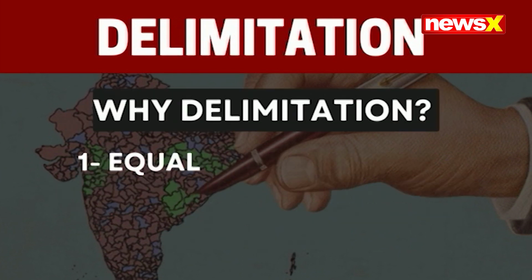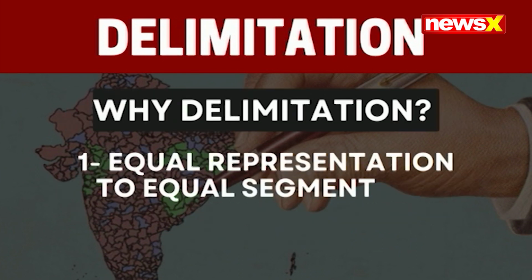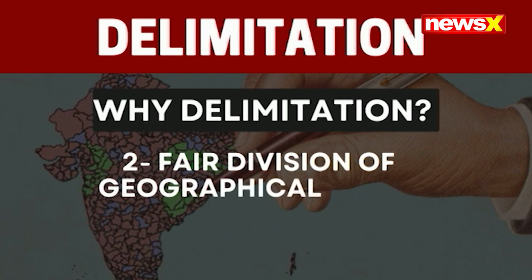Now, why is this done? This is done in order to ensure that equal representation is given to equal segments of population. It shouldn't be happening that a large population is getting one MP and a smaller population in another part of the country is getting another MP as well. It should be roughly proportional. It's also done to ensure fair division of geographical areas between political parties.